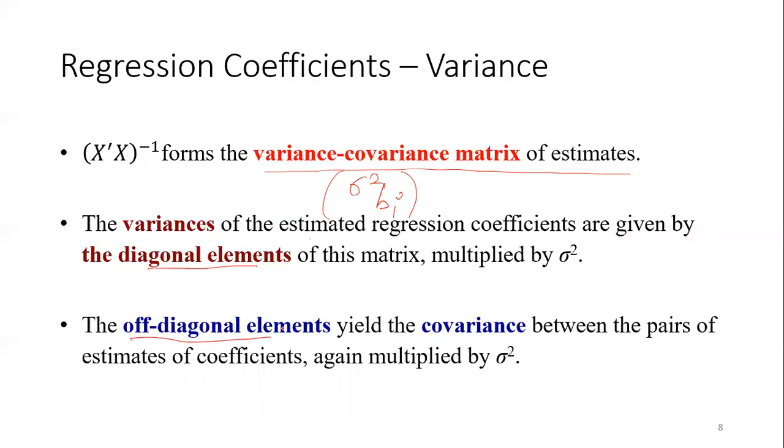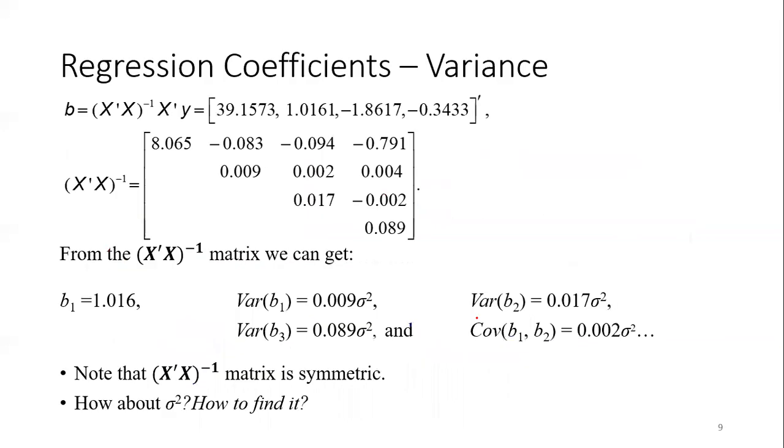The diagonals give you the variances, and the off-diagonal elements give you the covariances.